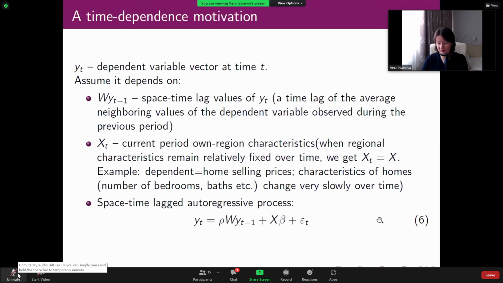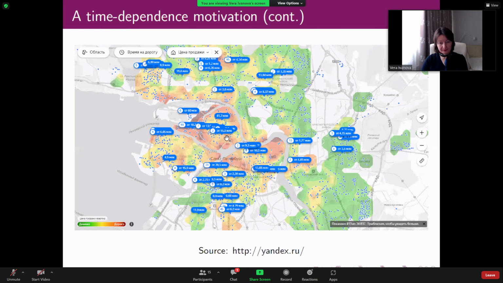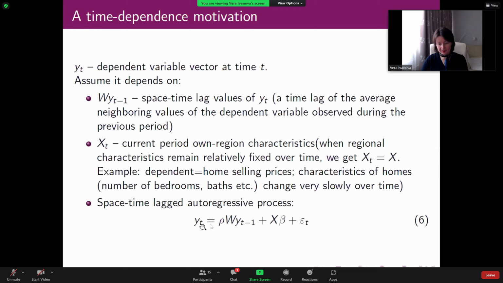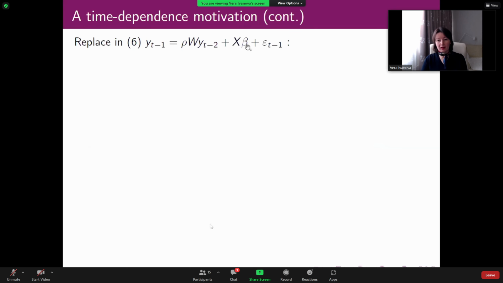Let's modify this equation using this. Replace t by t minus 1. We get, instead of t minus 1, t minus 2, and so on. We get this one.